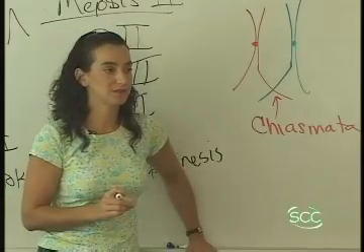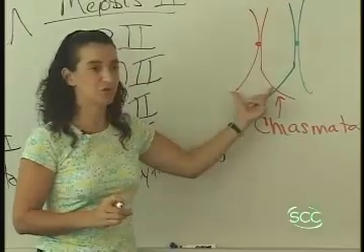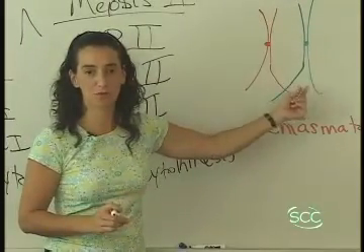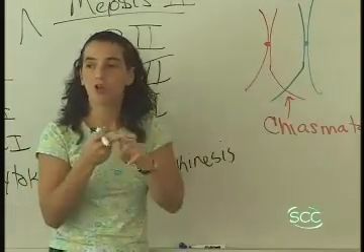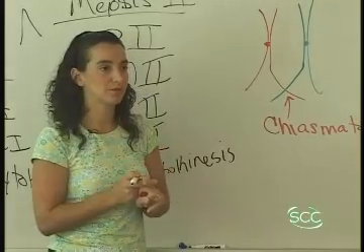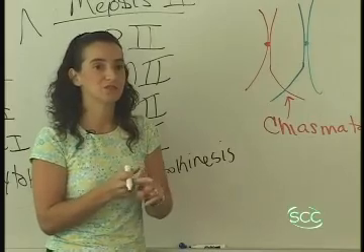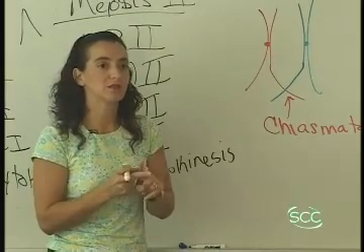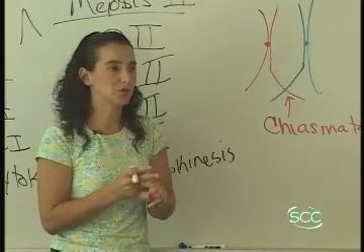Non-sister chromatids. The reds, those are sister chromatids, right? The 2 blues, sister chromatids. 1 red, 1 blue, non-sister chromatids. Crossing over. An exchange of genetic information between 2 non-sister chromatids.